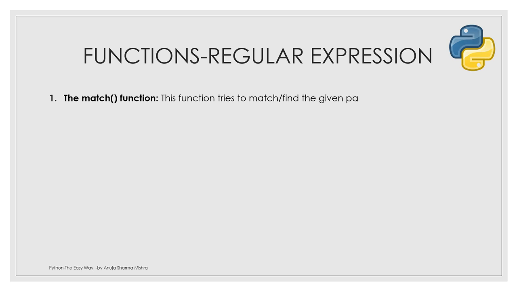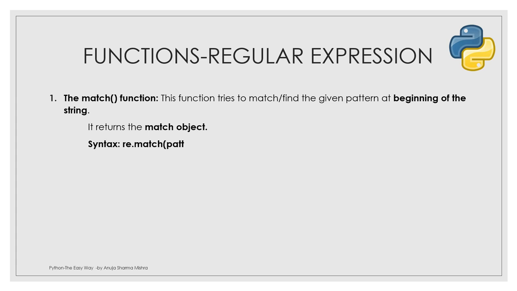The very first function I'll be talking about here is the match function. The match function tries to find the given pattern at the beginning of the string. The important point is that if it finds the given pattern at the beginning, it will return you a match object. The syntax is re.match, the pattern which you want to find, the string where you want to find, flag is 0.